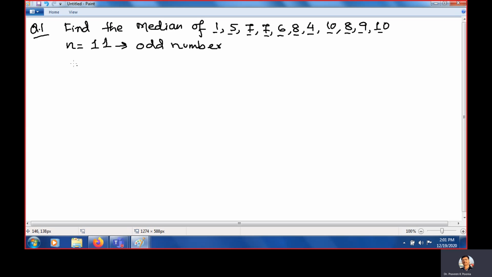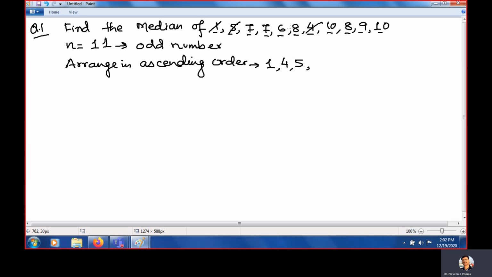Clear? So arrange in ascending order. First number will be small, 1. Then next number 4. Then next number 5. 1, 4, 5.